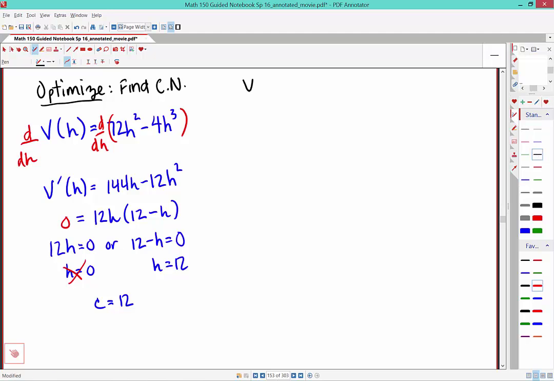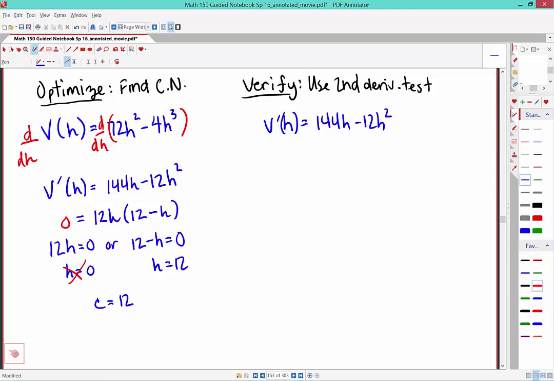So now when we go to verify, this is an easy second derivative, so I'm going to use the second derivative test. So we have V prime at h is 144h minus 12h squared.